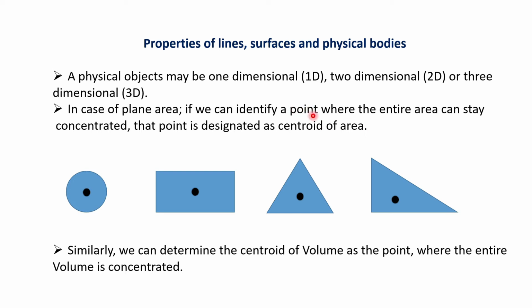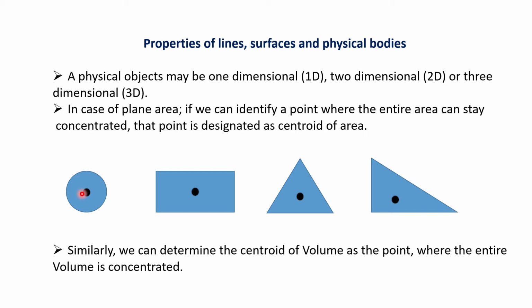Here you can see that these are the points for these simple plane figures where the area is supposed to be concentrated. Now, for finding out this point, there are different methods. We can either find it by geometric consideration, which is a bit tedious and cumbersome.